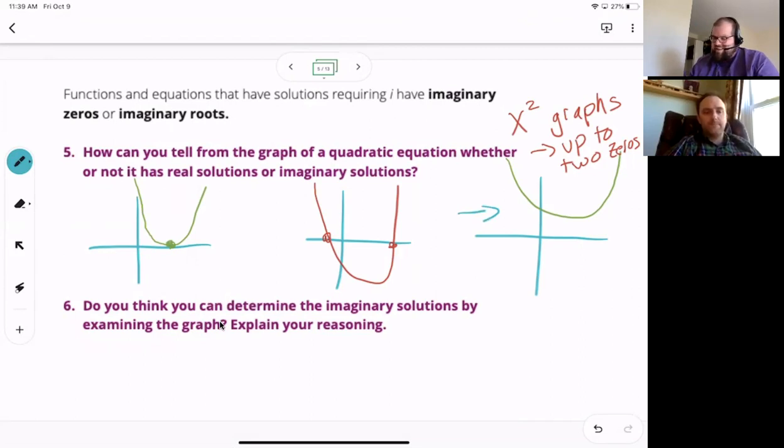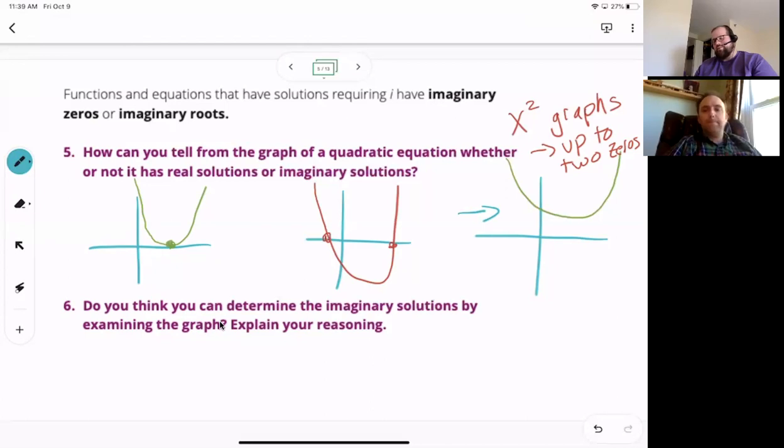All right. The next question, do you think that you can determine the imaginary solutions by examining the graph? That's a big question. In terms of coming up with the specific solutions, no, don't even try, because you're not gonna have fun with it.